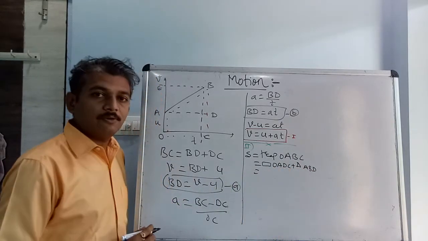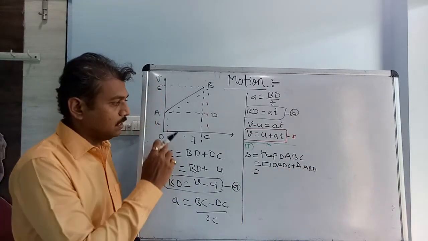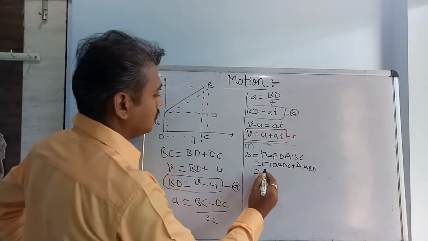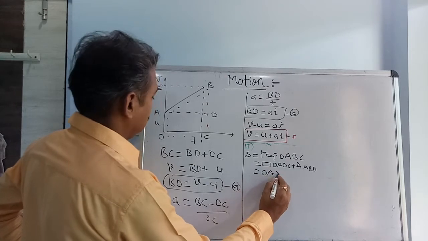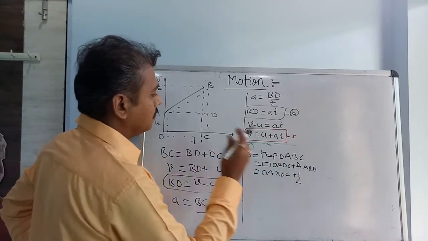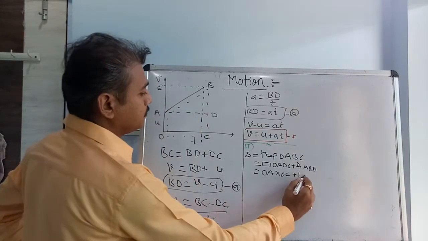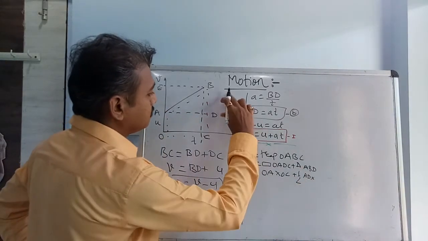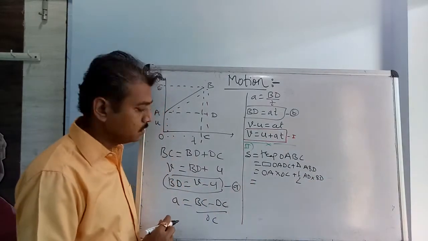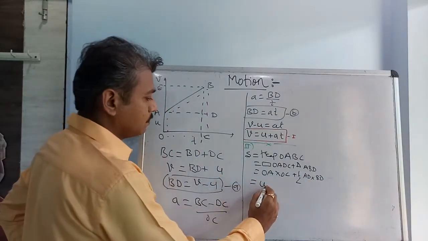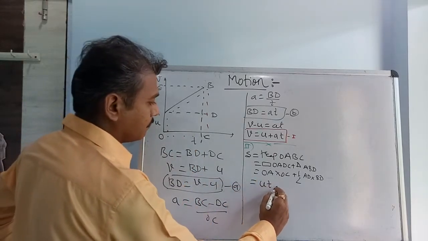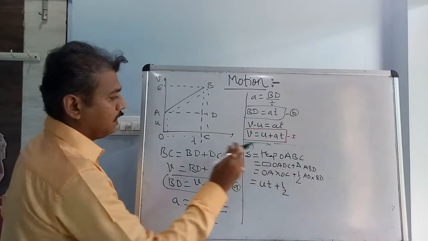Applying the formulas of areas, area of rectangle is length into breadth, so OA into OC, plus area of triangle, half base AD into height BD. Putting the values, OA is U, OC is T, plus half AD.